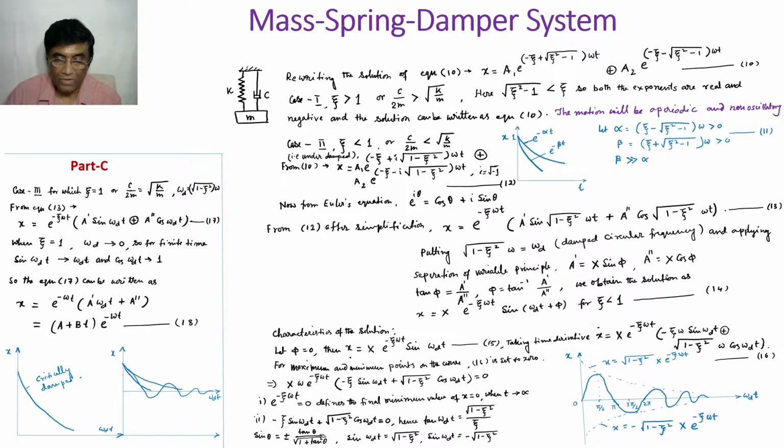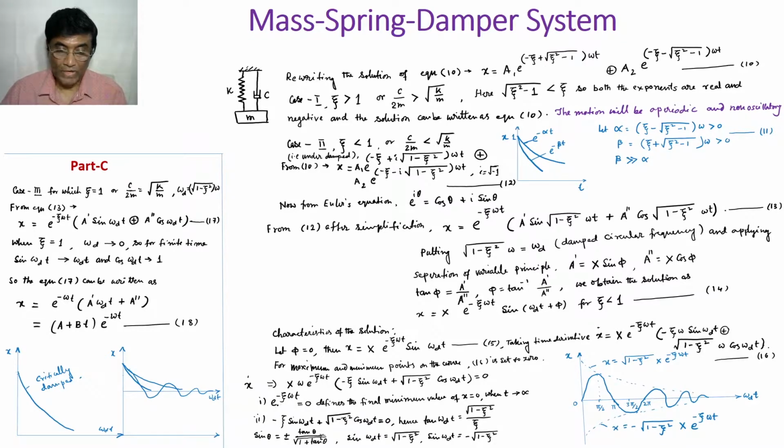So I am differentiating, this is x dot, right? You see it is a minus zeta sine and so on. This differentiation with respect to time is what we are putting to 0.